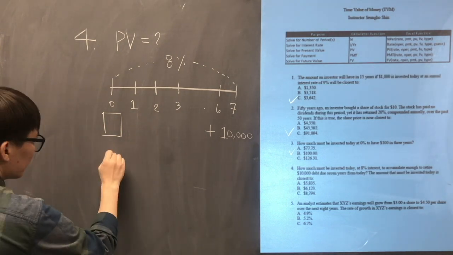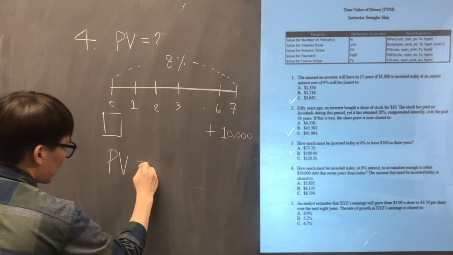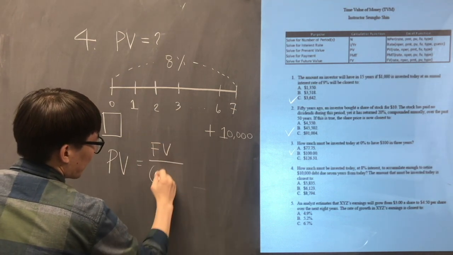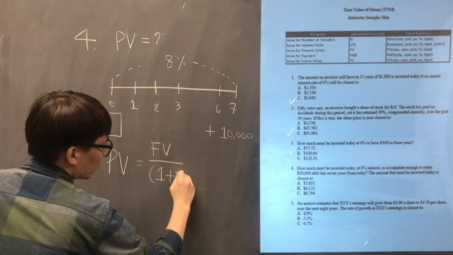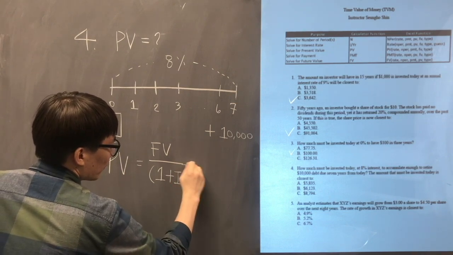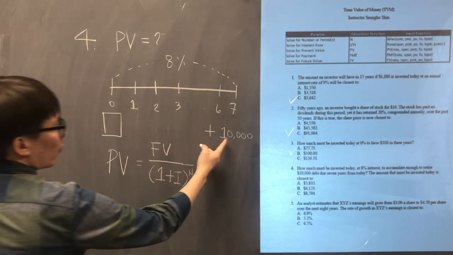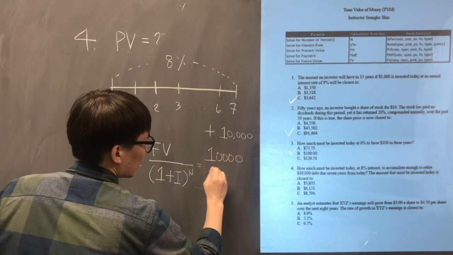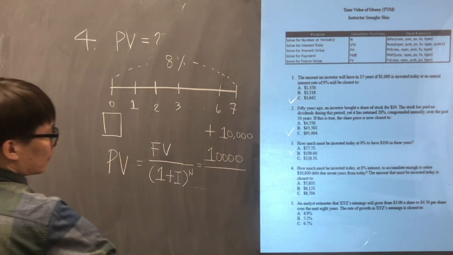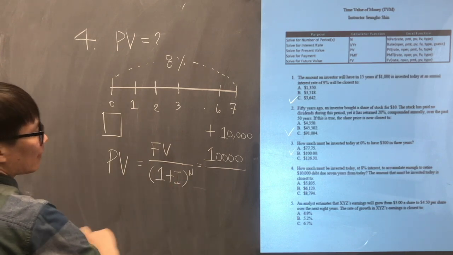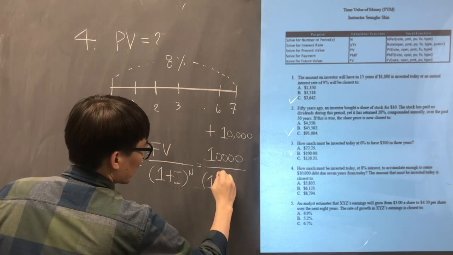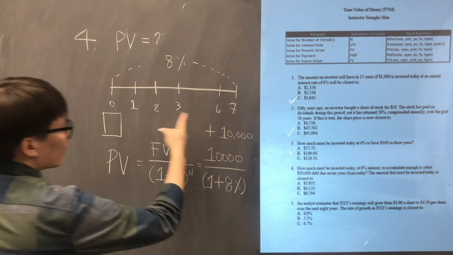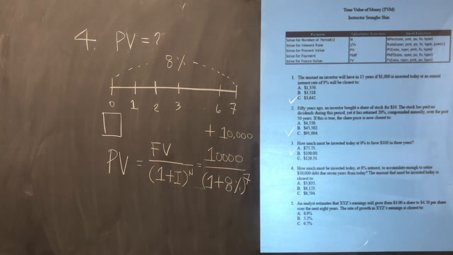Present value equals what? Future value divided by 1 plus interest to the power of the number of years. We already know our future value, 10,000, and our interest rate is 8% and 7 years. 1 plus 8% to the power of 7. Looks okay?